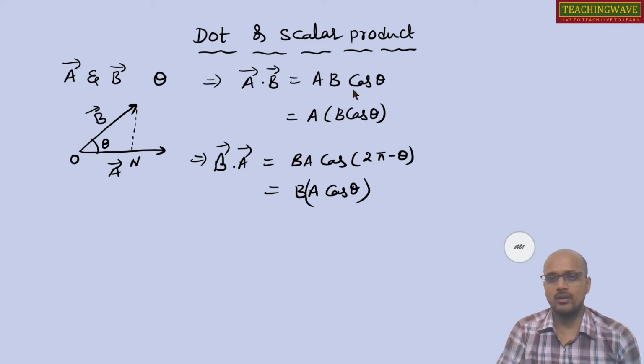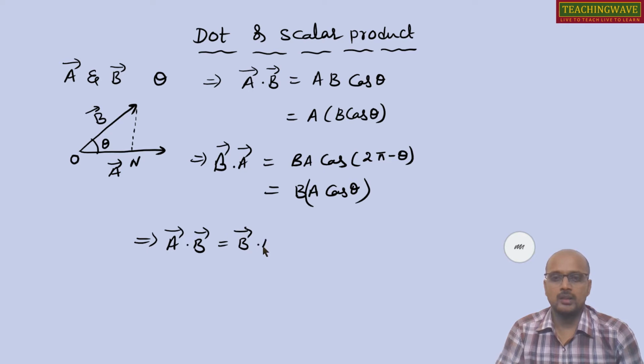So this product we call the scalar product, and it is defined as the product of the first vector's magnitude with the second vector's component along the first vector. We can clearly write a bar dot b bar is equivalent to b bar dot a bar. That means the dot product obeys the commutative property.